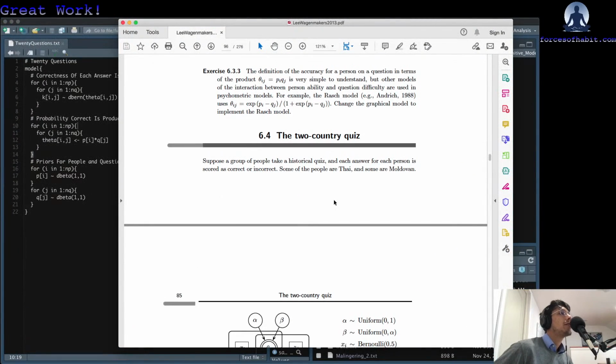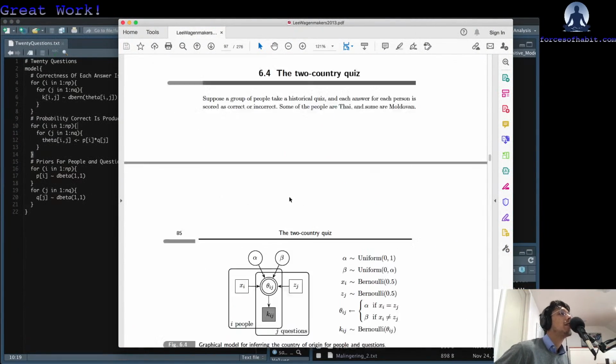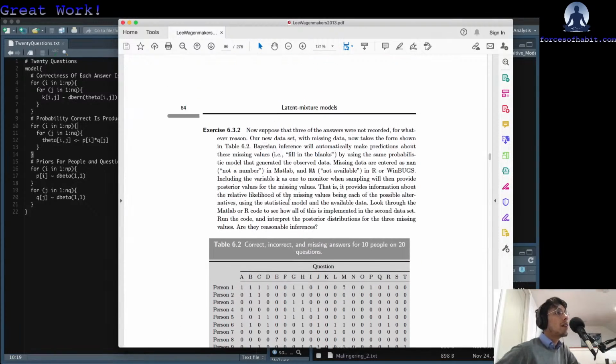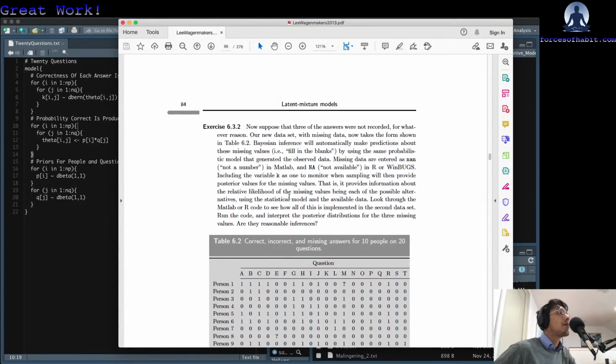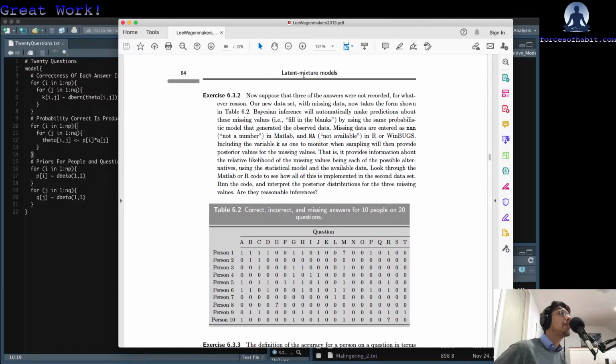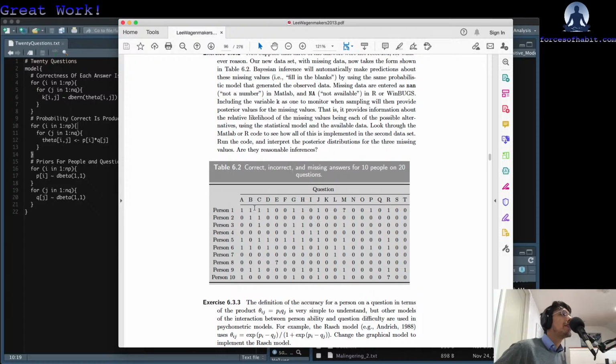Nice. So the two-country quiz example tomorrow. And just to be clear, what was the latent mixture portion of this question? Well, there are these underlying rates of attentiveness and difficulty for items, and we were able to infer those from the data.